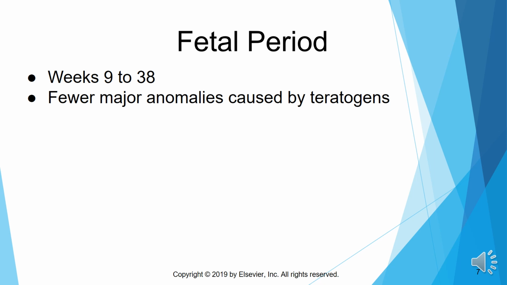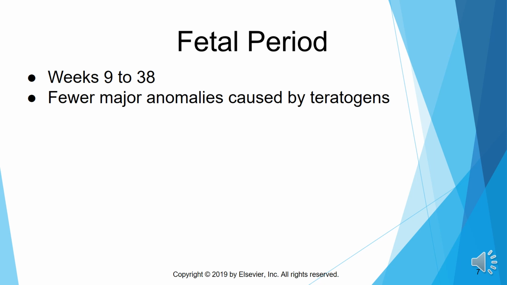After the 8 weeks, we enter the fetal period, which is 9 weeks to 38 weeks. So this is a pretty big span of time. And this is when you don't have to worry as much about anomalies being caused by teratogens or outside problems: drugs, alcohol, any kind of exposure to viruses.